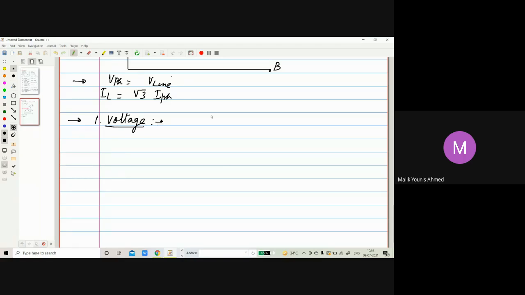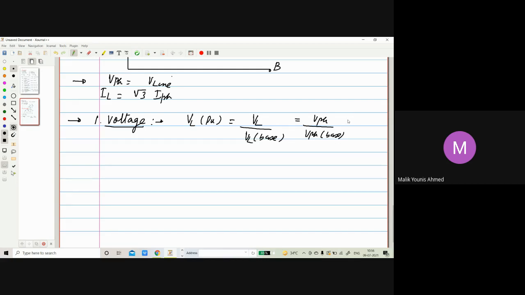Okay, in voltage, what we have, VL per unit will be what? Per unit value is actual value, that is line voltage, divided by the base value, that will be VL base. And phase will be V phase divided by V phase base.